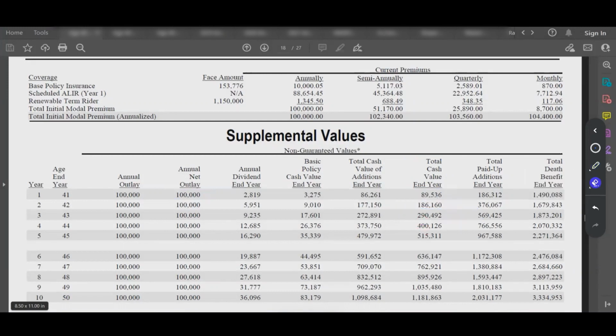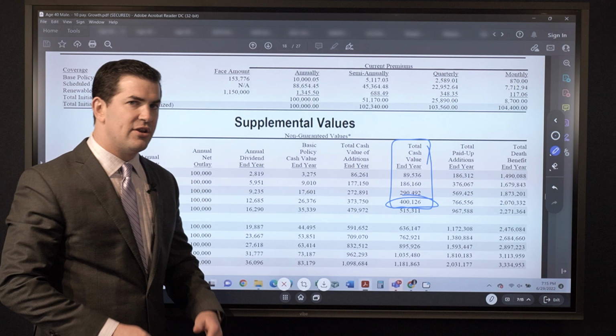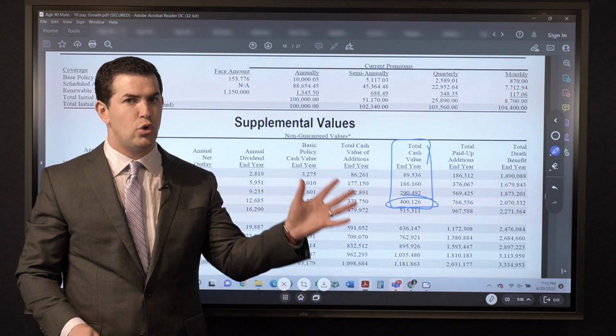So by year 4, in this example, I have paid in a total of $400,000 and I have $400,000. That's my break-even point. A lot of real estate investors and business owners are often laser focused on that upfront cash value. They're attracted to this asset for those core benefits.